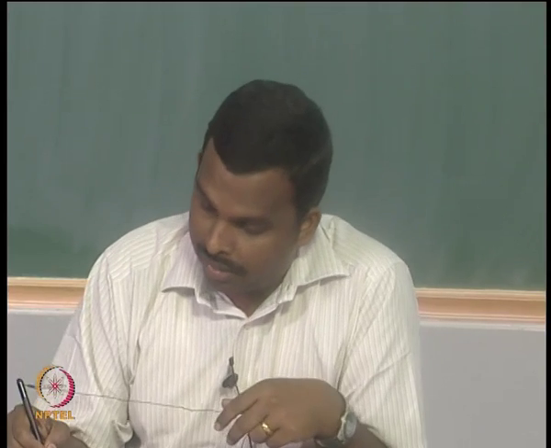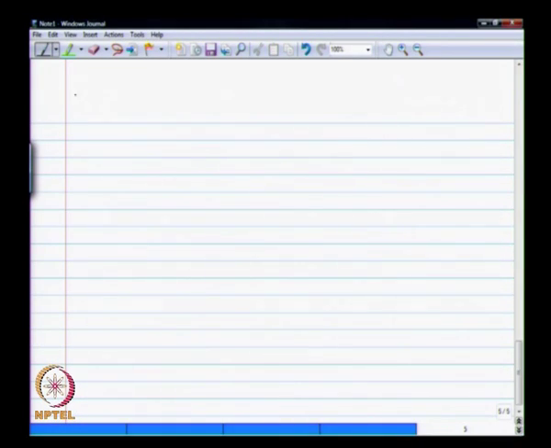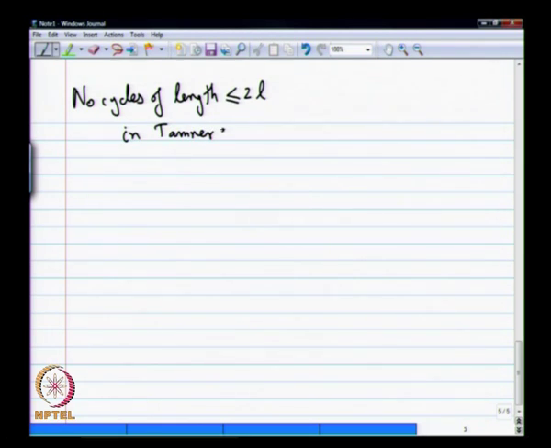So, let me summarize that and write it down. No cycles of length less than or equal to 2L in the Tanner graph implies L iterations follow the DE formula.